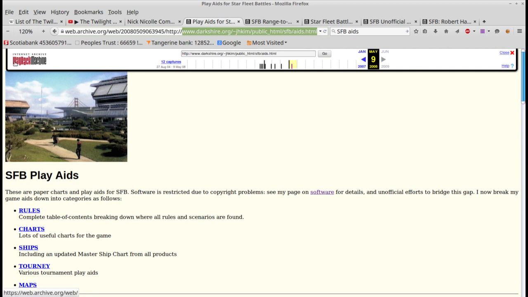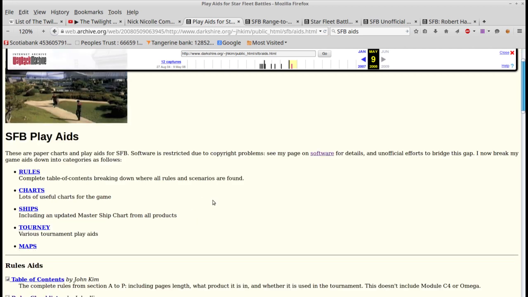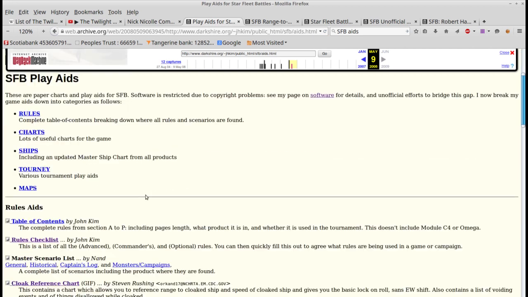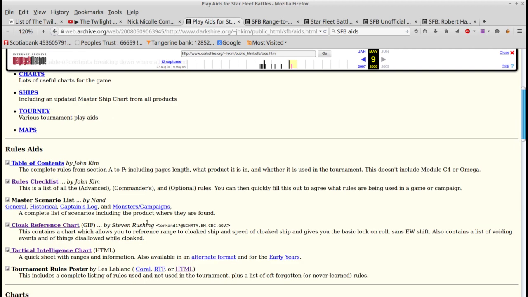Now, if you type that address into the Internet Archive Wayback Machine, you'll get this site. A lot of the links here are dead, but some of them are still retrievable. So it used to have things regarding rules, charts, ships, tourneys, maps, tables of contents, rules, checklists, etc.